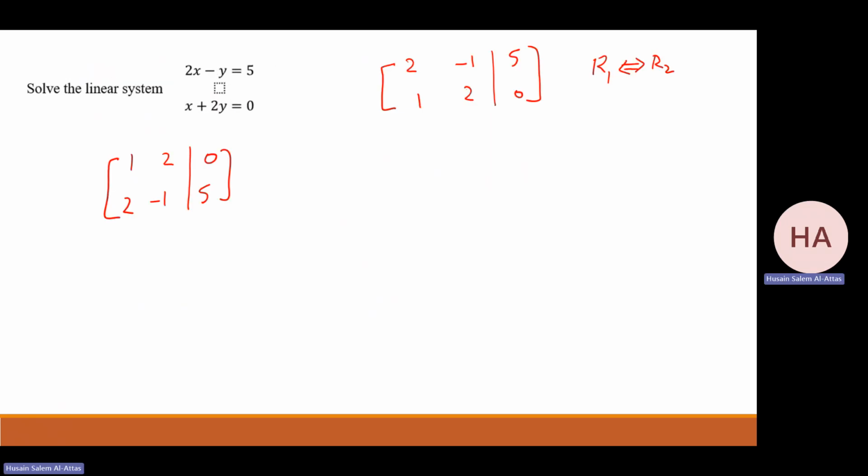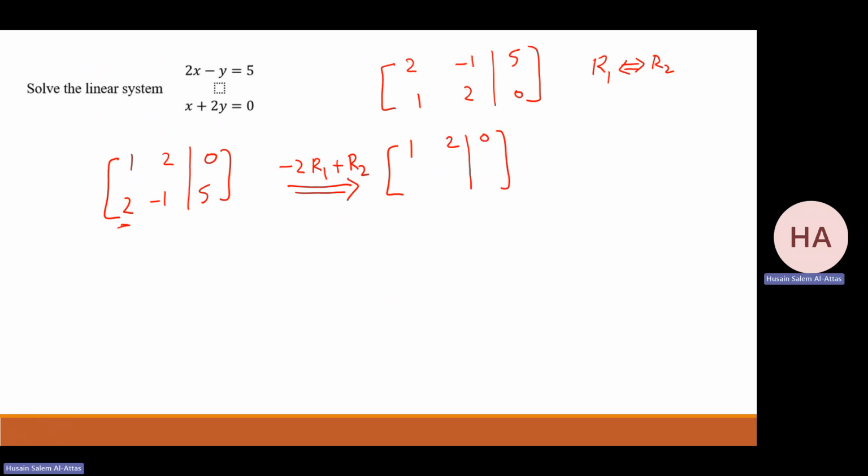Okay. Now, I need to make this 2 into 0. So multiply the first row by minus 2 and add it to the second row. So that becomes what? This is 1, 2, 0.